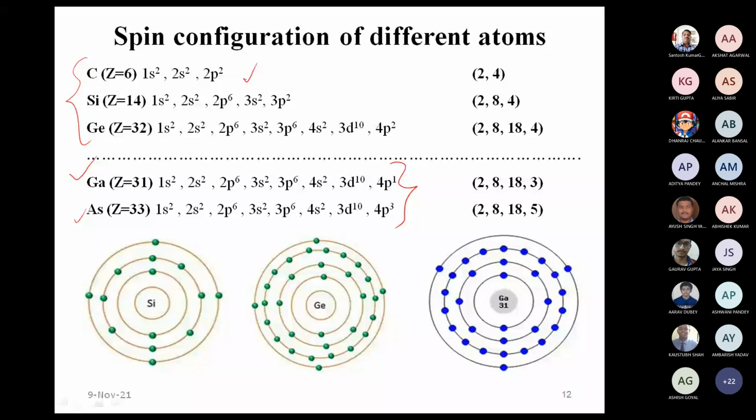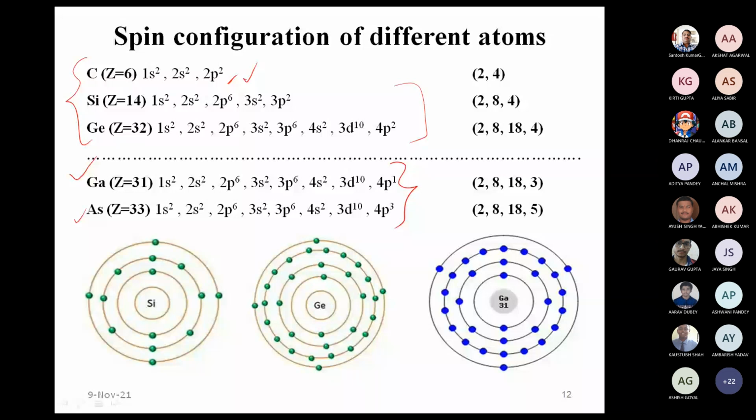Carbon is a very amazing element, but currently it is not in use for making semiconductor devices. Silicon and germanium are mainly used for manufacturing semiconductor devices.